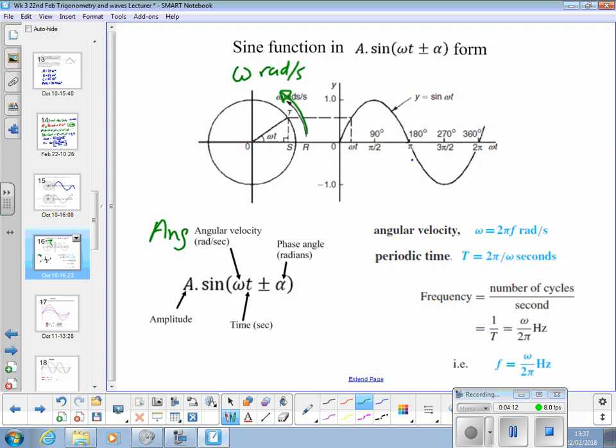Angular velocity is also equal to 2 pi f.